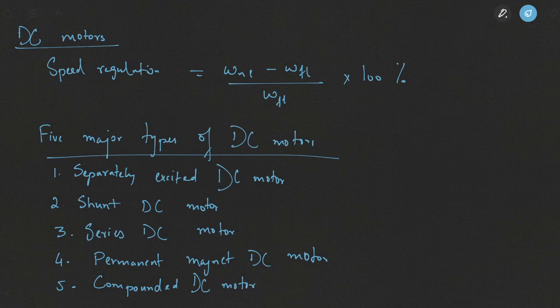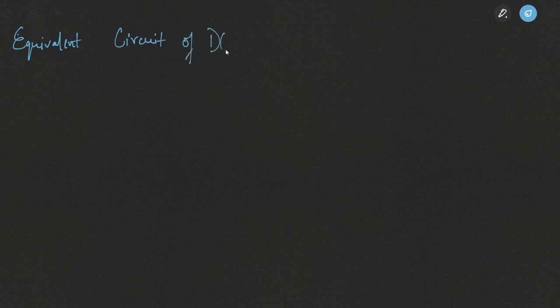So we'll be discussing each of these types in detail regarding their speed-torque characteristics and the equivalent circuit of these different types of motors. Now starting off with the equivalent circuit of a DC motor. As far as equivalent circuits go, electrical machines are basically electromechanical devices.